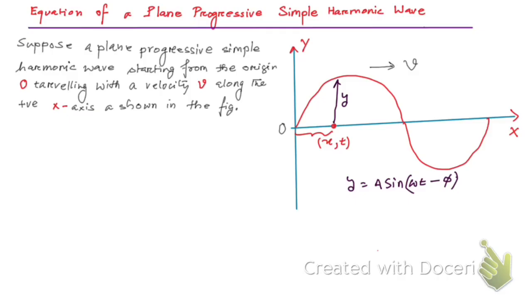If the initial phase is 0, it is supposed to be sin omega t. I have already derived this in the first lecture. In the description box I have given the link, so please watch that video first.